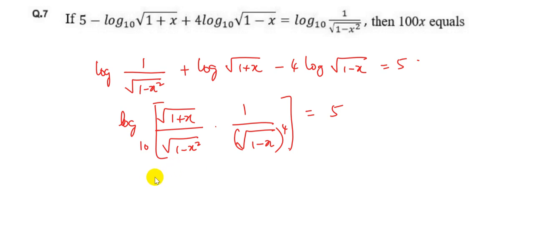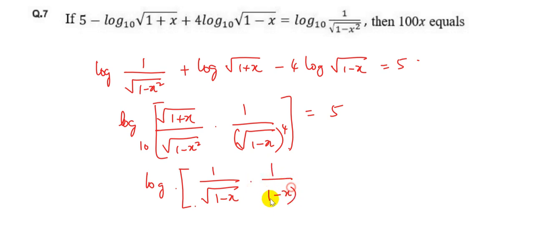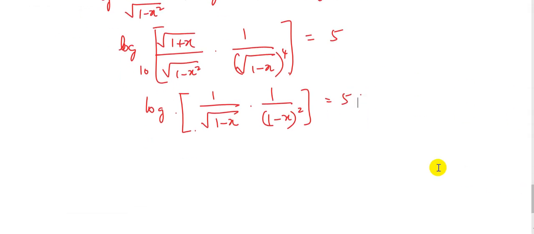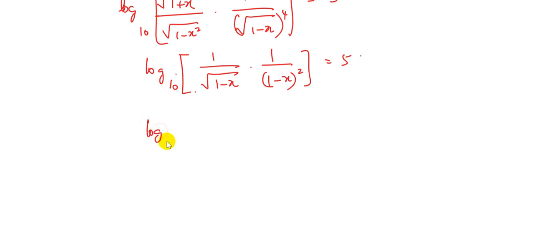So simplifying this, we get log of root over 1 minus x, 1 by root over 1 minus x into 1 by 1 minus x square equals 5, or log of 1 minus x to the power minus 5 by 2 equals 5.